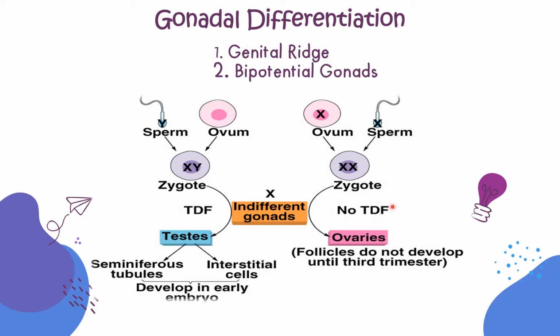So the presence of TDF is necessary for the differentiation of the testis. If it is not present, it takes some time, and the ovaries form at the 10th week.